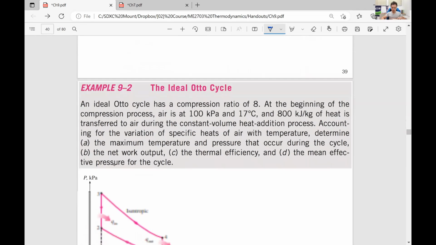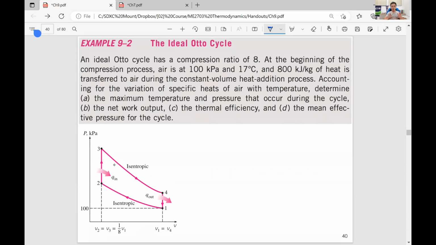Then let's look at the example here. All the problems in chapter 9 have a unique characteristic: you are looking for the temperature and pressure at every state.